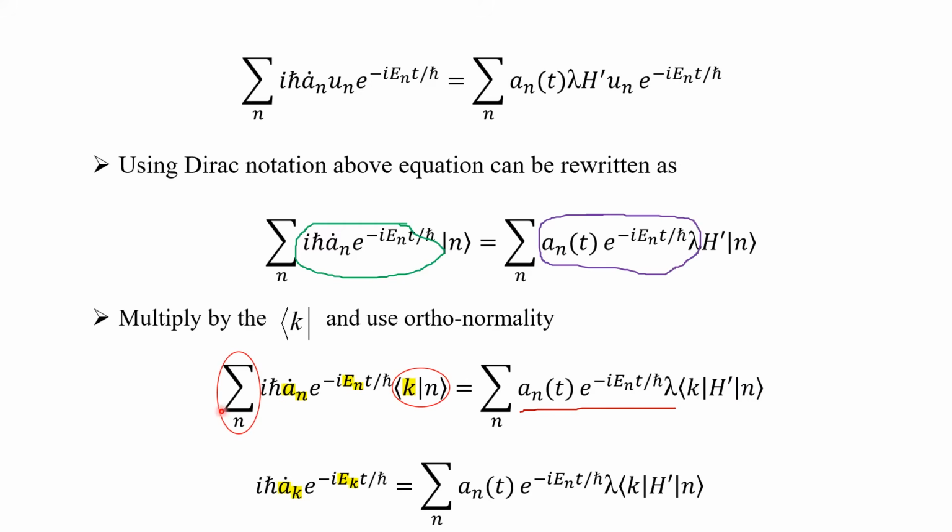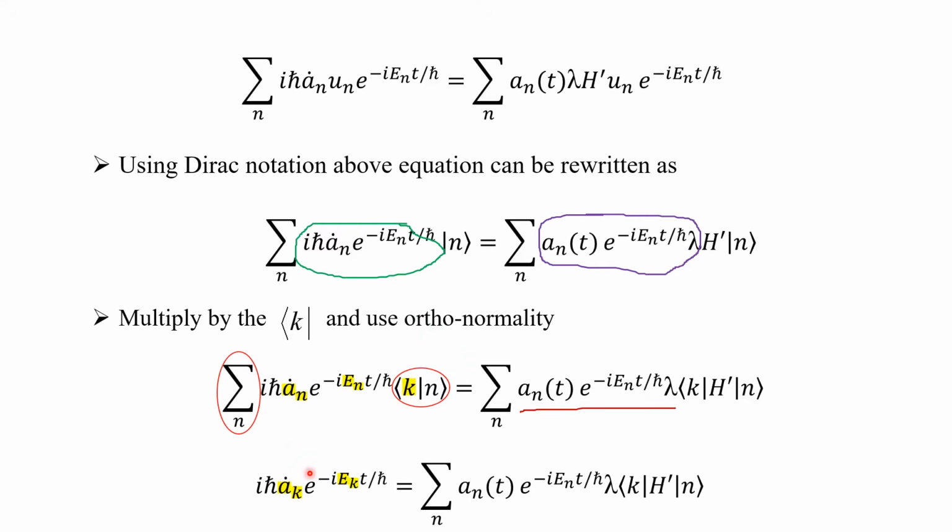Now you come to the left hand side. See this inner product of k with n is non-zero only when n is equal to k. Otherwise, for all other cases, it will be 0. So we can remove the summation because this term exists only for n equal to k, due to the orthonormal property.